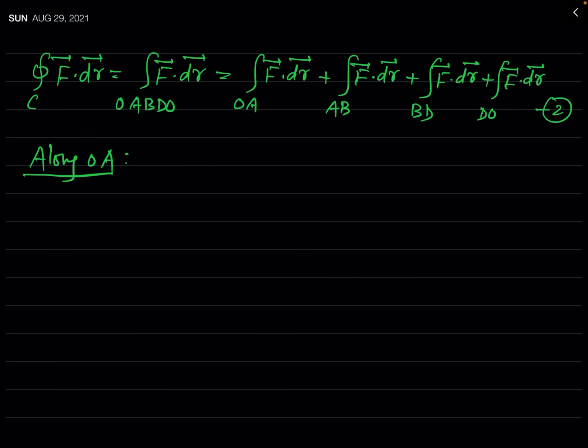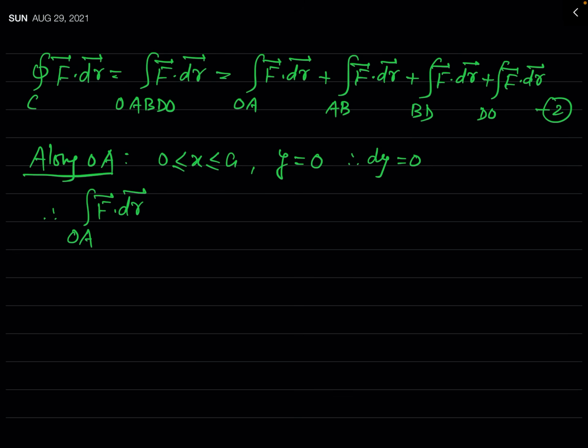So for this path OA, you can say 0 is less than or equal to x, which is less than or equal to a, and y is constant, and this constant value is 0. Now since y is constant, dy is equal to 0.